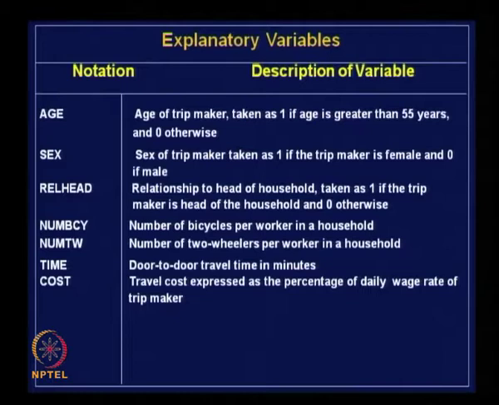Cost. Travel cost expressed as the percentage of daily wage rate of the trip maker. I think now you know why we are expressing travel cost as a percentage of the trip maker's wage rate or monthly income. What is the purpose?